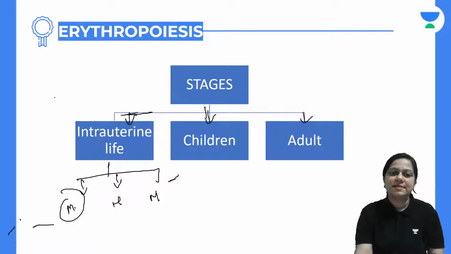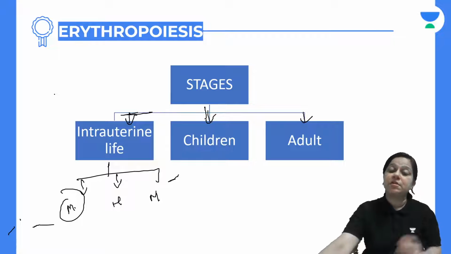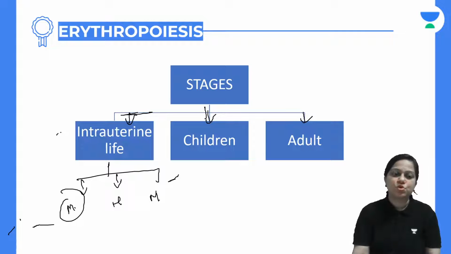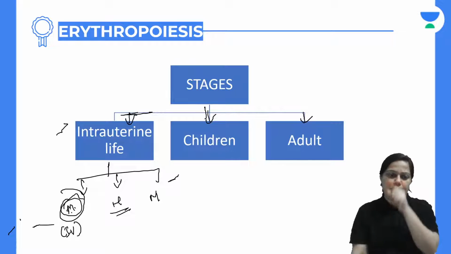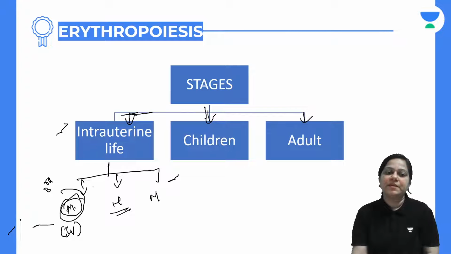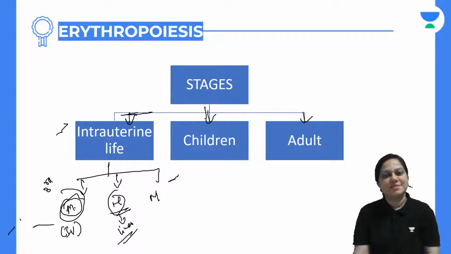Mesoblastic stage is a stage in which the erythropoiesis occurs inside the blood vessels, so also called intravascular erythropoiesis. This occurs from the early embryo up to the third month. Then from the third month to the middle of the fetal life, it occurs in the liver. Extravascular erythropoiesis, this is the hepatic stage.